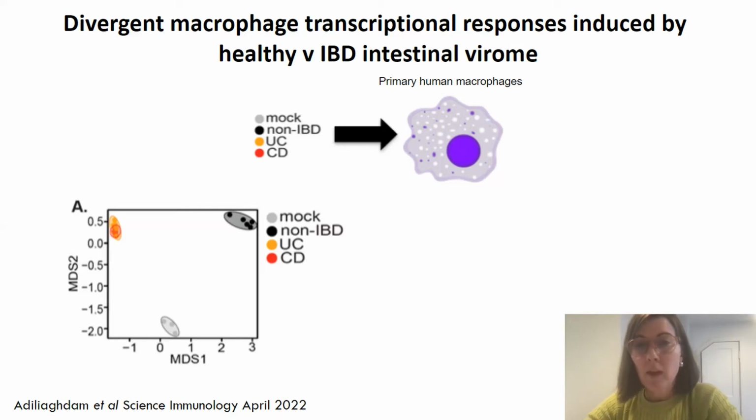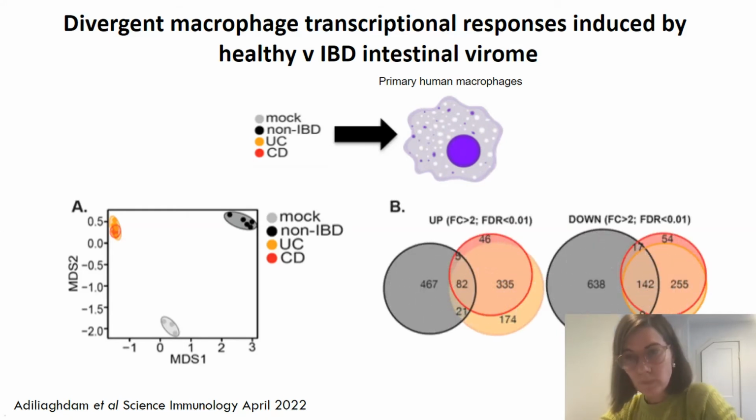It's also worth noting that these non-IBD viruses from a healthy, uninflamed gut were not silent. They did induce something different from a mock control, but it was very divergent from the IBD viruses. Looking at it another way, the healthy virome upregulated a number of genes, very few of which overlapped with what was upregulated by the IBD virome.